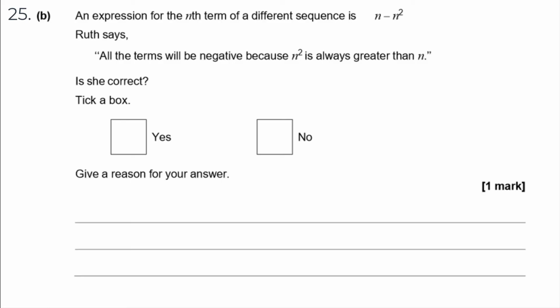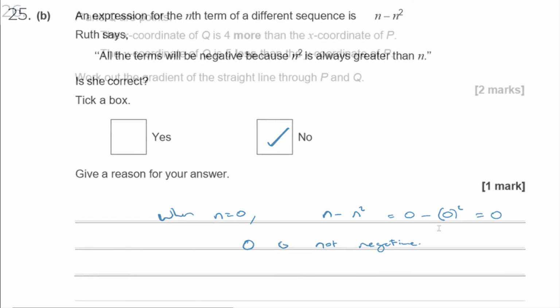So she's not always right, because when n equals 0, then n minus n squared is going to be 0 minus 0 squared, which is equal to 0. And I don't think 0 counts as a negative number. 0 is not negative. Okay, it's a kind of in between, isn't it? 0, it's neither positive nor negative. Okay, so not negative.